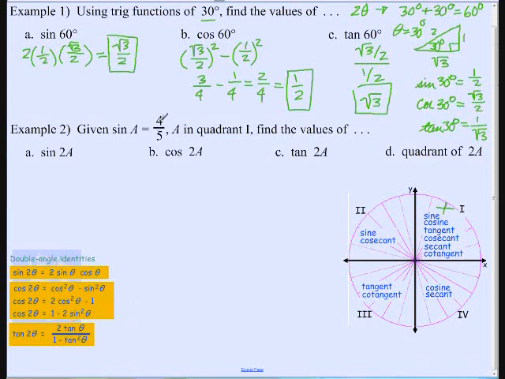If the sine is 4 over 5, that's y over r. This is a 3, 4, 5 triangle. So I've got y equals 4, r equals 5, and the x then must equal 3. So my cosine of angle A, the single angle, is 3 over 5.